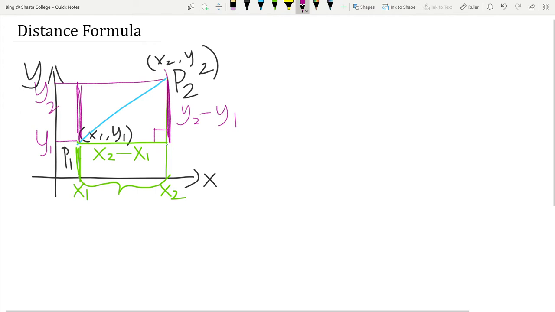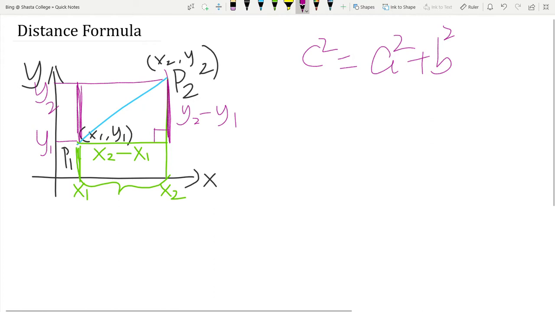And we know there's a famous formula in a right triangle. It's called the Pythagorean theorem, which talks about c squared equals a squared plus b squared, where c is the hypotenuse and a and b are the legs of the triangle.